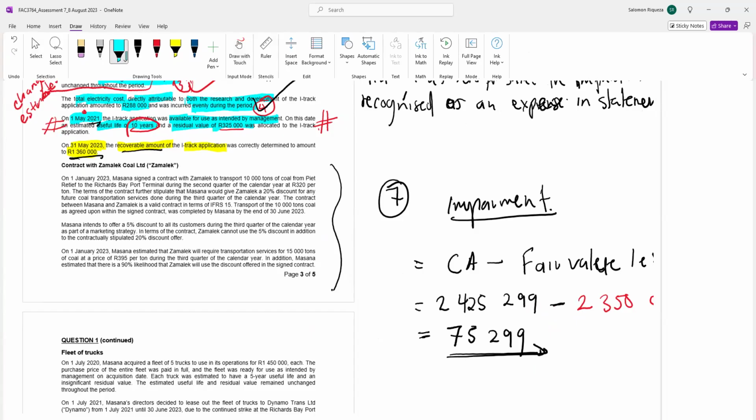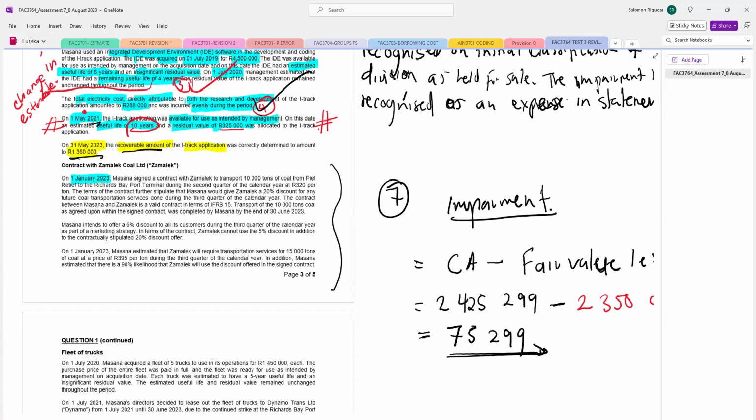Okay. So on 1 January 2023, which is during the year, Masana signed a contract with Zamalek to transport 10,000 tons of coal from Pietersburg to Richards Bay Port Terminal during the second quarter. This is the second quarter of the calendar year at 320 per ton.